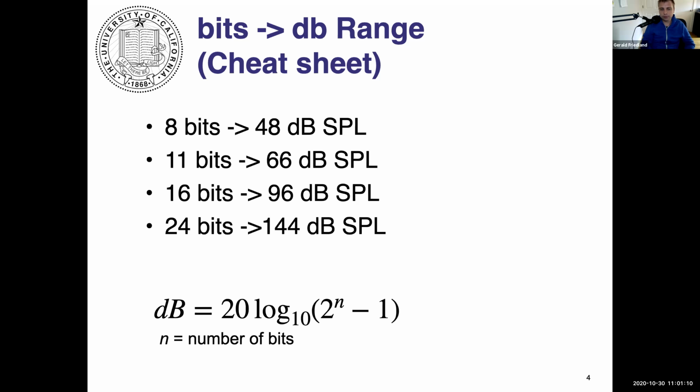So first of all, there is a 10 in there because it's decibel. So a bell would be 2 times log 10. So the idea is that you have a tenth of a bell. Okay, that's why it's a decibel.